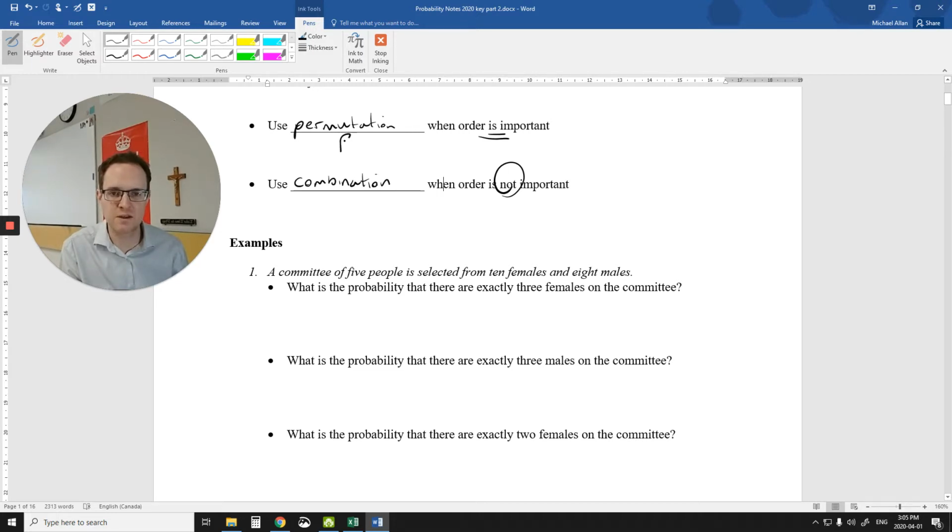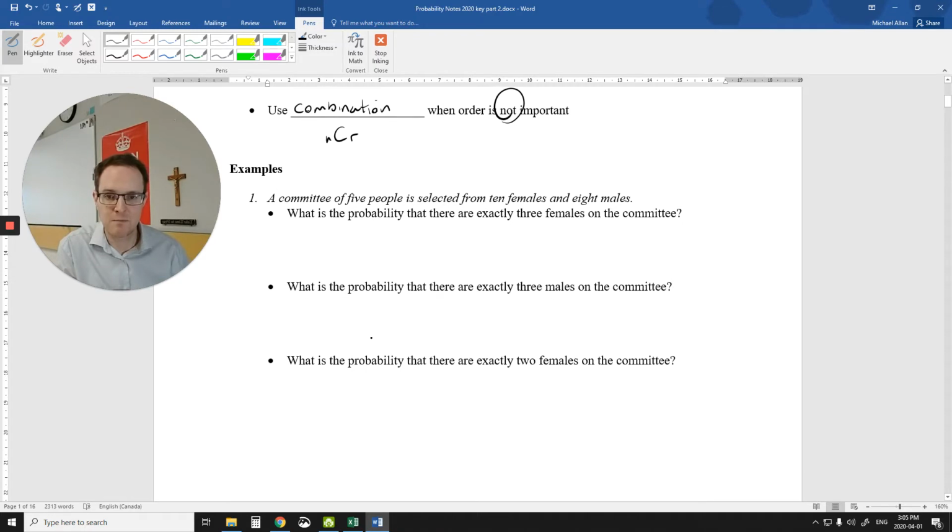Using the notation nPr and nCr, we should be able to determine how many of the favorable outcomes happen, and then we can also use these to determine how many total outcomes, the sample space, there is, and then we can take those two numbers and divide them, and we get our probabilities.